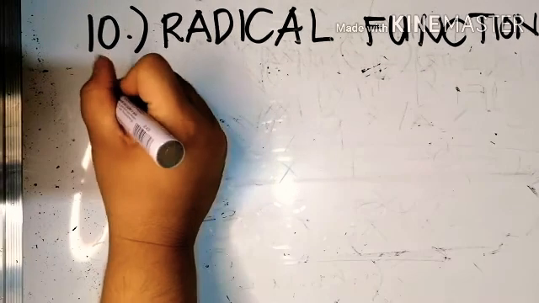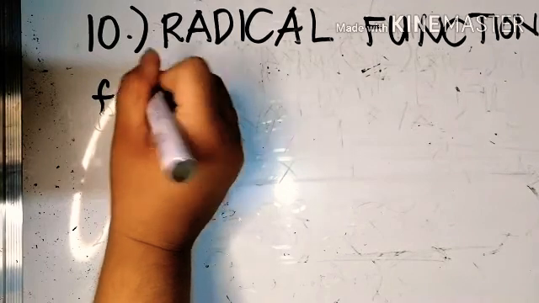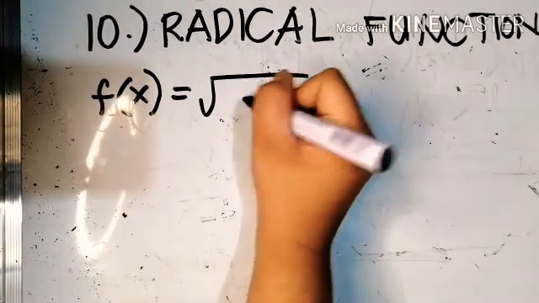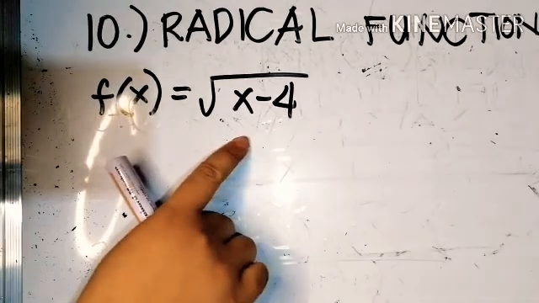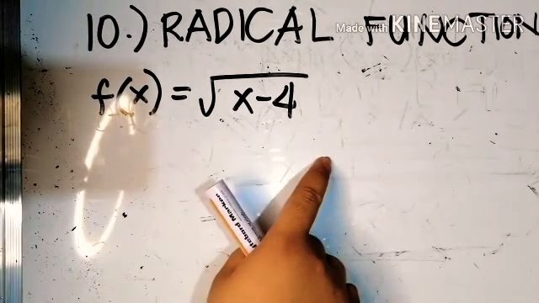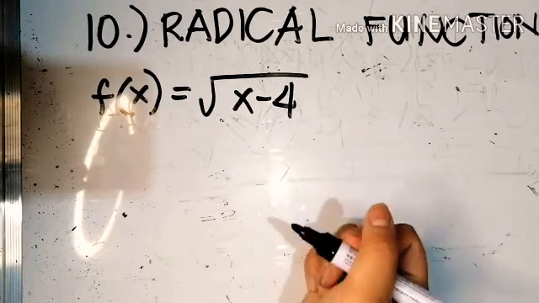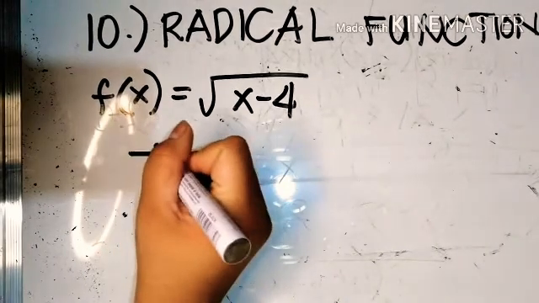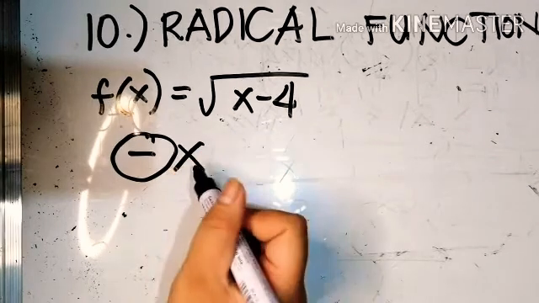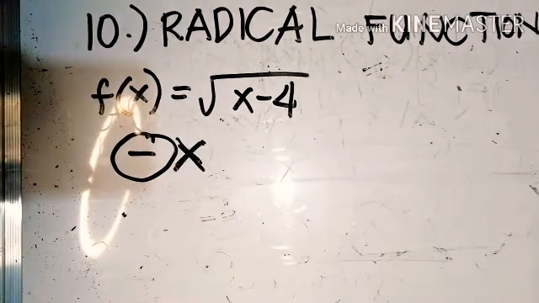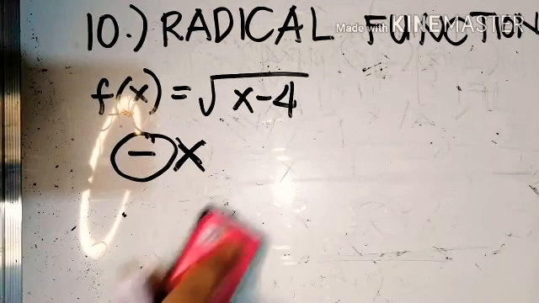Sa radical function, bawal maging negative yung nasa loob ng square root sign. Pwede siyang maging 0 yung loob, pero bawal maging negative. Ay, yung nasa loob ng radical sign, rather. So, bawal siya maging negative yung nasa loob ng radical sign.